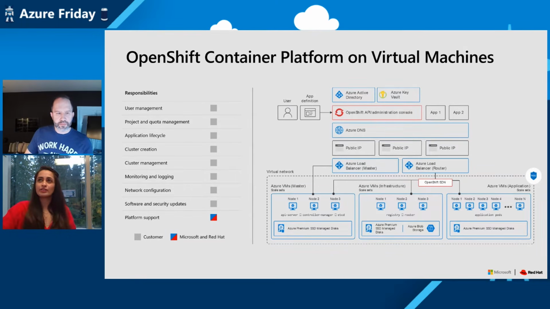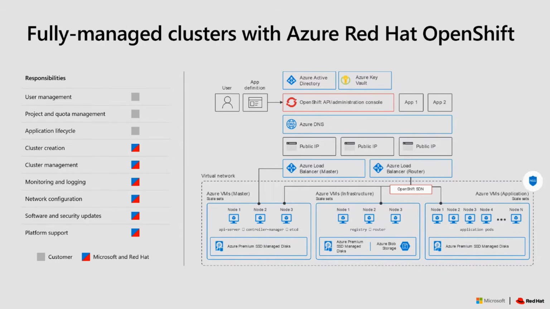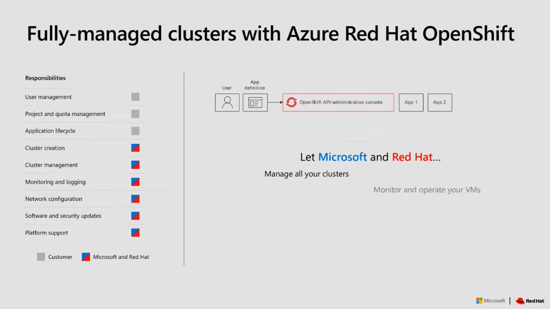Perfect. So this is the one that if you had to run, as you can see, the responsibility is completely on the customer. We've provided only the platform support or the infrastructure support up here. And you have to manage, maintain, deploy, update, patches, everything. And what we do is the fully managed Red Hat OpenShift, where both Microsoft and Red Hat will manage all your cluster, monitor and operate your VMs as well. Hence, this is a fully managed offering.